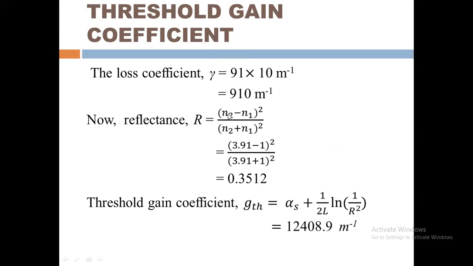From the refractive index of the laser, the reflectance of the laser is calculated, and it is 0.3512, where N1 is the refractive index of air and N2 is the refractive index of the semiconductor. From the reflectance of the laser and the loss coefficient value, the threshold gain coefficient is calculated, and the threshold gain coefficient of my designed laser is 12,408.9 per meter. So it is huge.